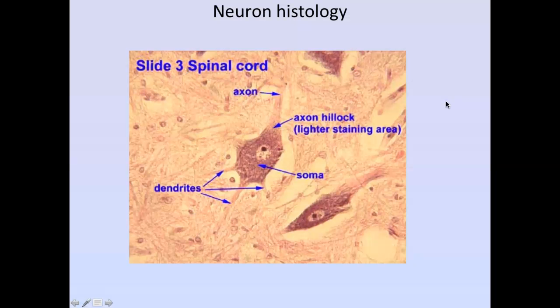But that's what we have here. This is a histology image of the neuron, so you can see that the cytoplasm of the body, of the soma, is very darkly staining, and that's due to those Nissl bodies. It's so dark that it actually creates a lighter staining nucleus. We can see some dendrites, these processes coming away from the soma, and then the one axonal process coming away from that body.